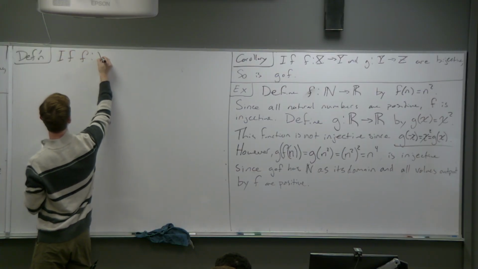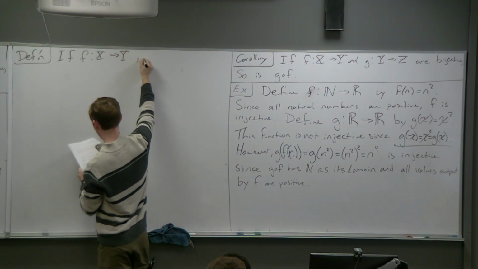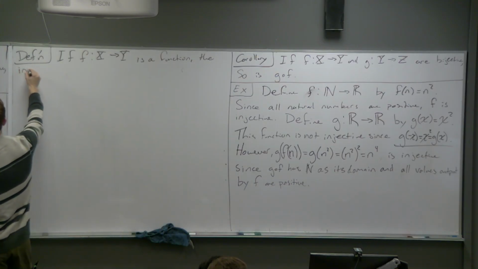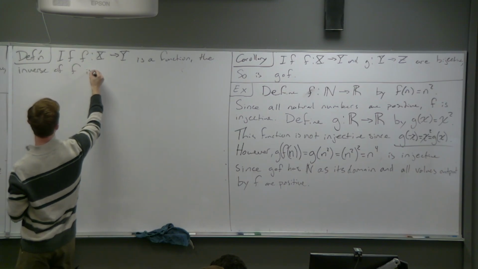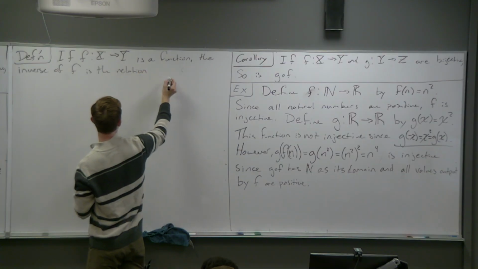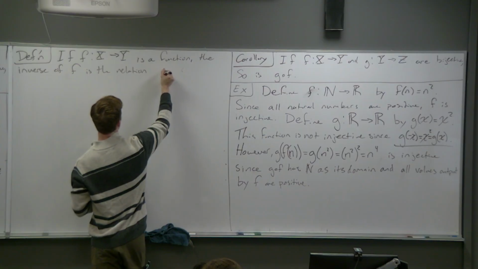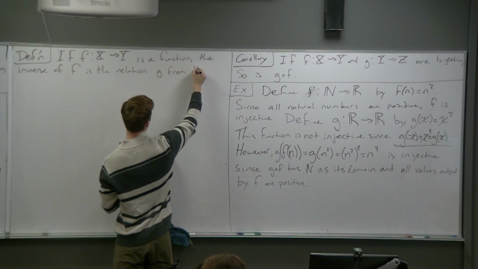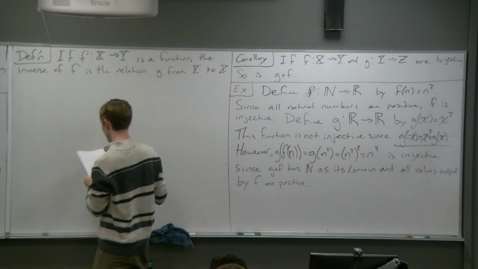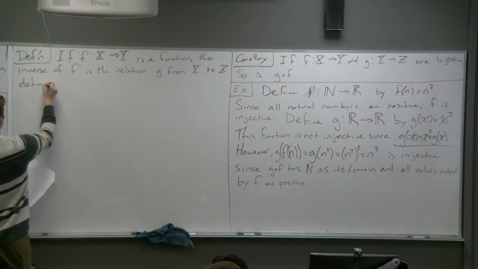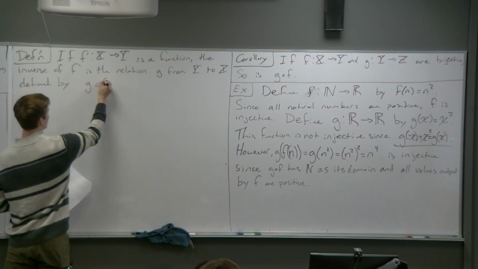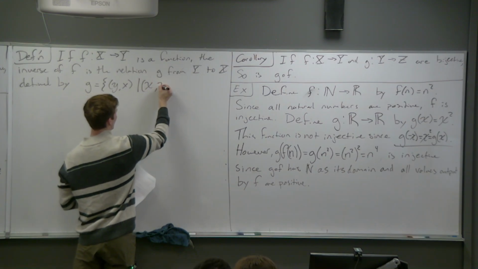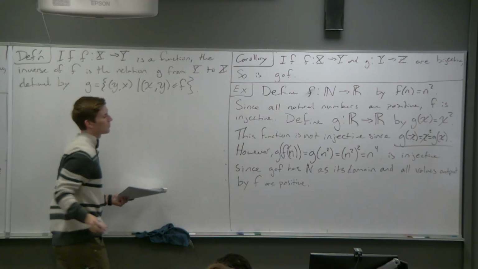If f from X to Y is a function, the inverse of f is the relation, I'll write it this way, let's say it's the relation g from Y to X defined by g is equal to the set of (y, x) such that (x, y) is in f. It just flips it around, yeah?